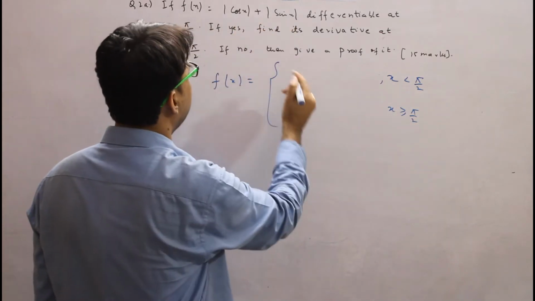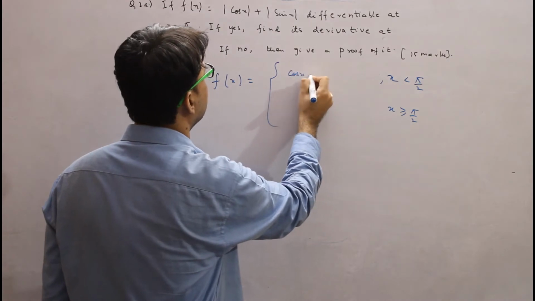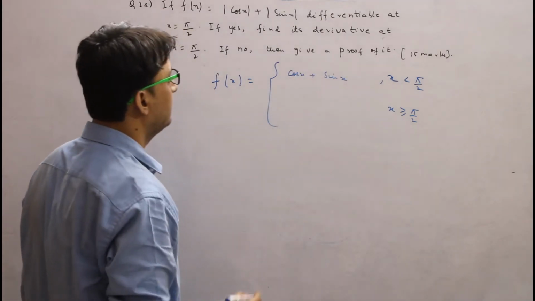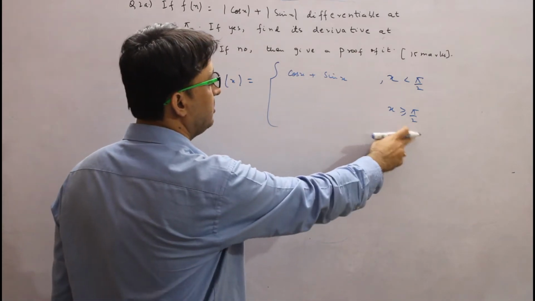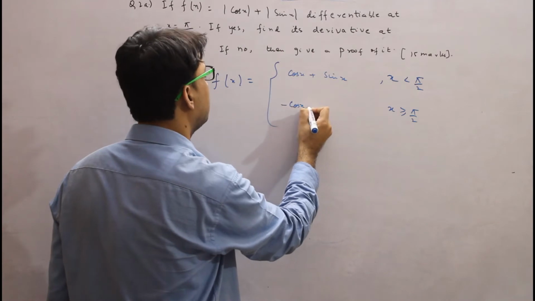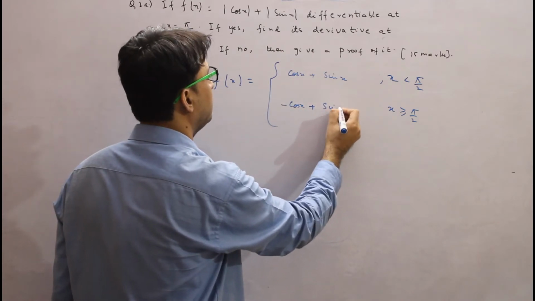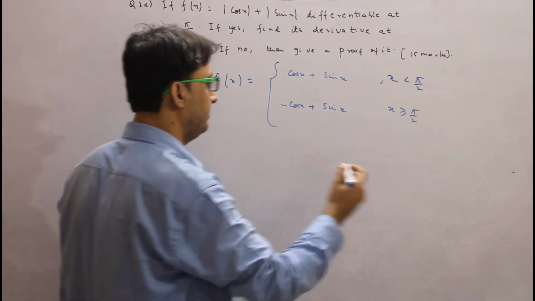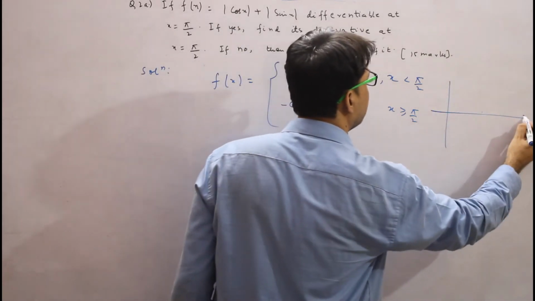So we know in that quadrant cos is positive and sine is also positive. But for x greater than pi/2, cos is negative and sine is positive. If you draw the graph, you can see it very easily.